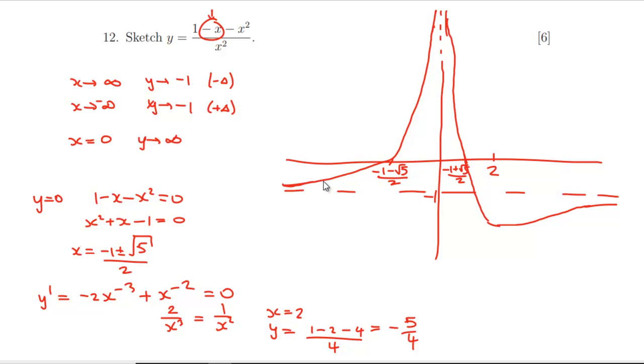So it's doing, that was meant to be a bit more continuous than that. And that is at 2, minus 5 over 4. So yeah, we're just going through the usual steps of when we're sketching out a graph. What are our intercepts? What are our asymptotes? What happens when x is 0, when x is plus or minus infinity? Just looking slightly on either side of each asymptote just to see where we are.